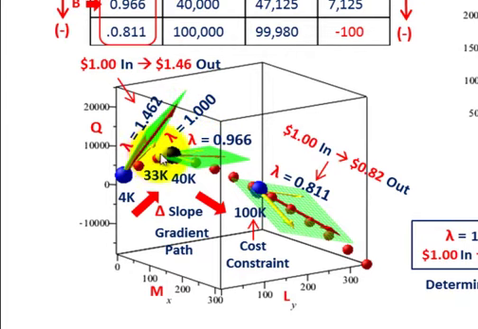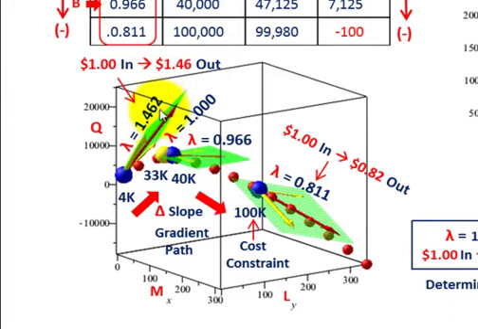Up until this point, we have a Lagrangian greater than 1, and after we get to the point where the Lagrangian multiplier is 1, it tapers off. So for the first point with the Lagrangian at 1.46, if we invest $1 into our production function, we're going to get out $1.46.